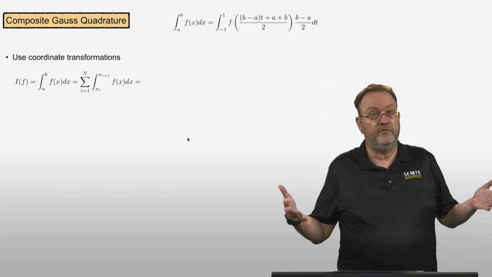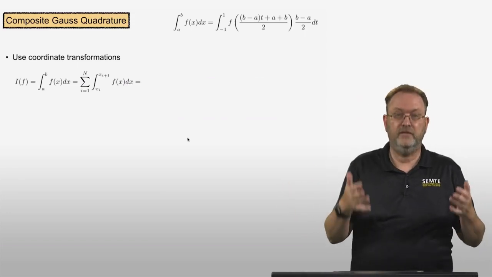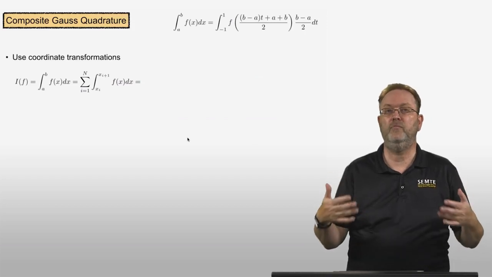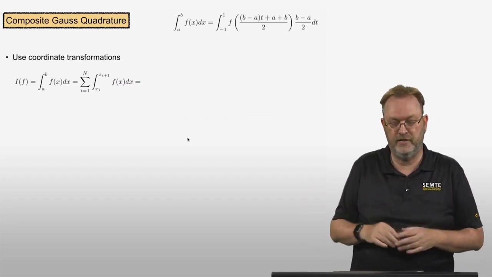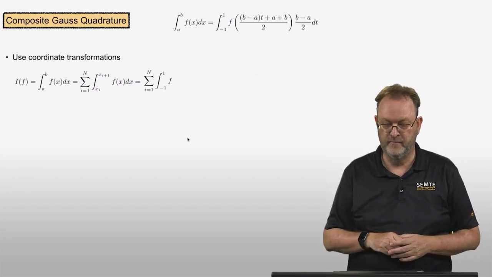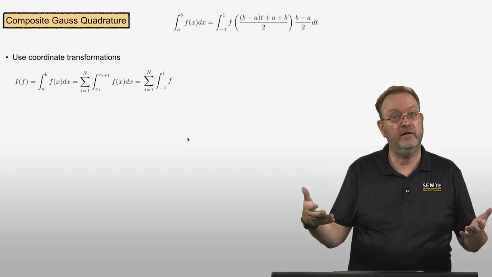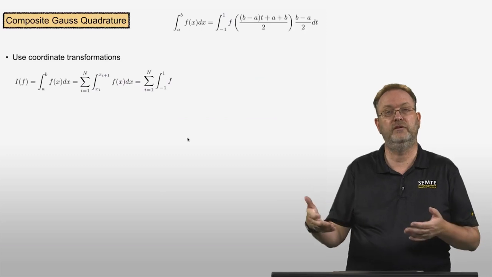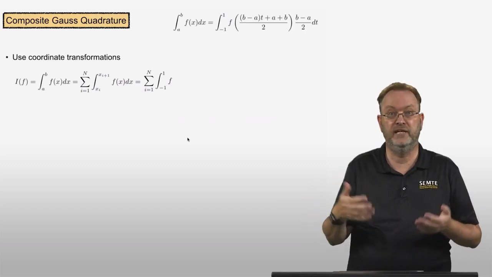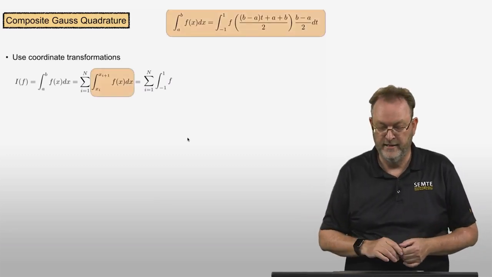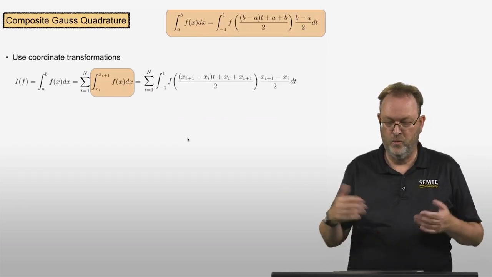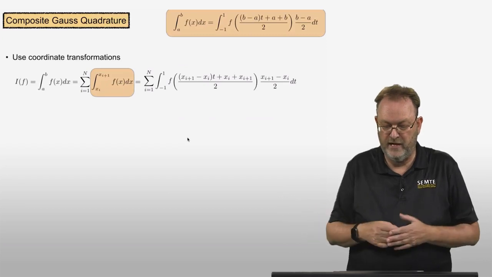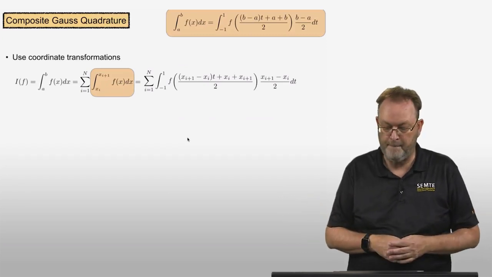So the general idea of the composite was that we split the overall integral into the sum over n subintervals, doing the integral over each subinterval from xi to xi plus 1, which then with the coordinate transformation to convert this integral from xi to xi plus 1 to an integral from -1 to 1 is just using the general coordinate transformation formula, where b is equal to xi plus 1 and a is equal to xi.